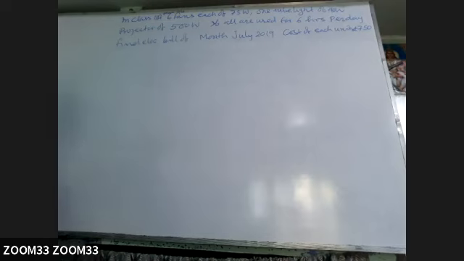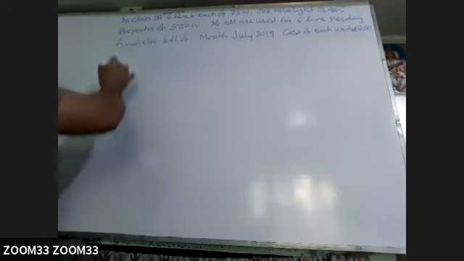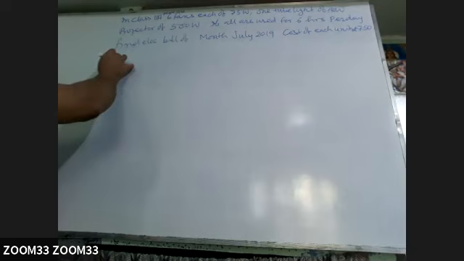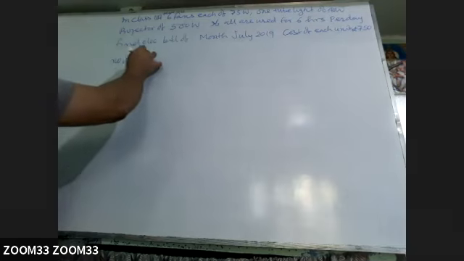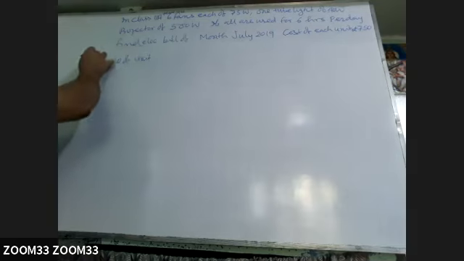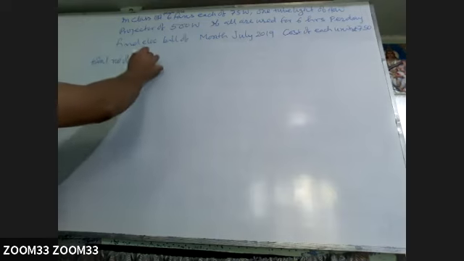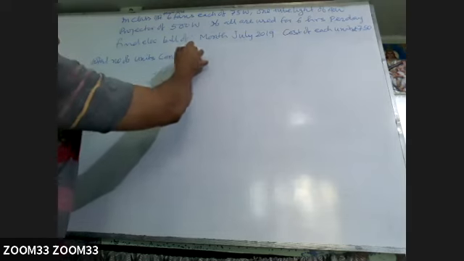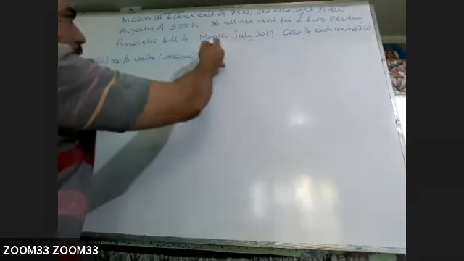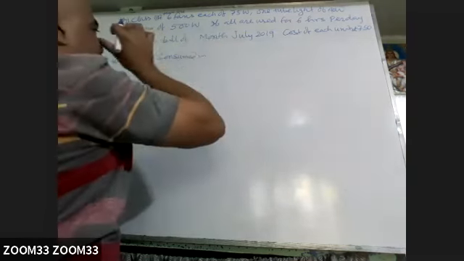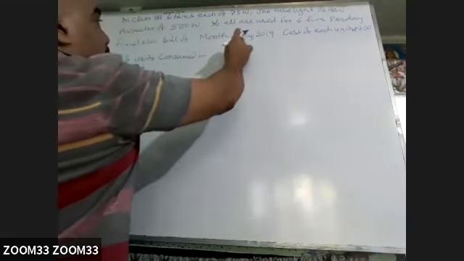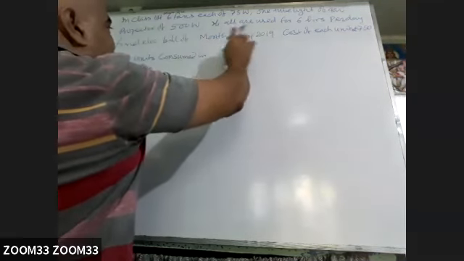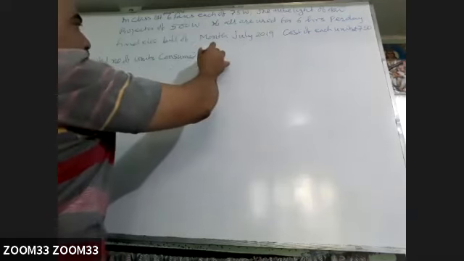So, in this case, we'll find the number of units, or directly you can find the total number of units. July will have 31 days.